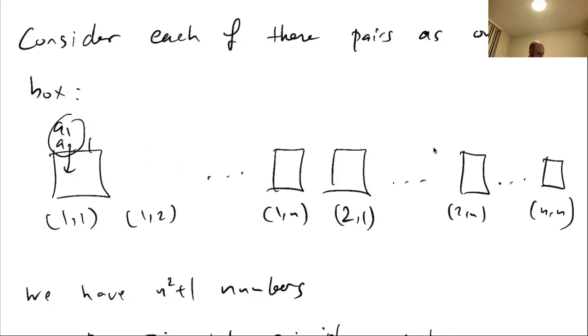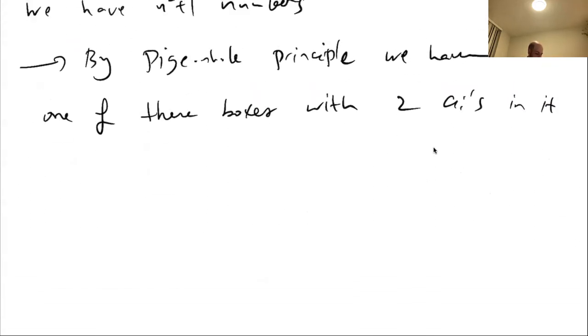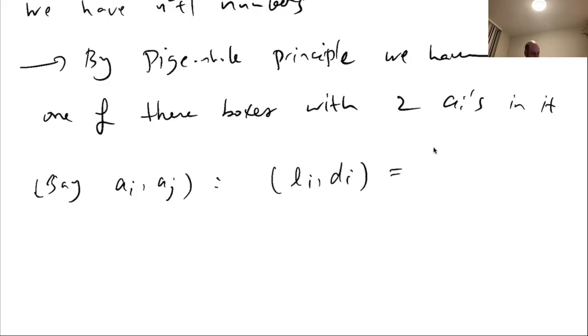So this was just an example to explain the idea. So then we have at least one of these boxes with two AIs in it. Say AI and AJ. So I can say that Li and Di is equal to Lj and Dj, right?